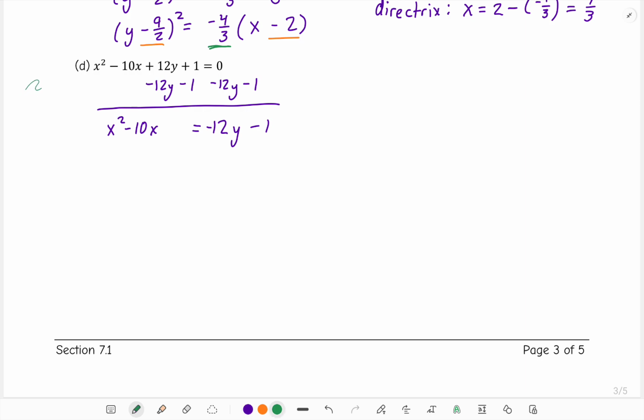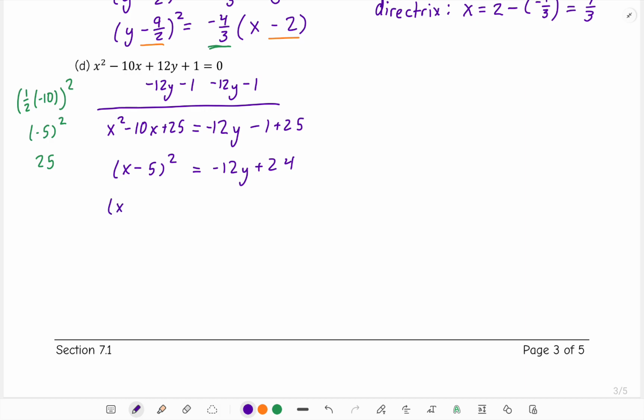So I'm going to go one-half times negative 10 squared, or negative 5 squared, or 25. So adding 25 to both sides, we get x minus 5 squared equals negative 12y plus 24. And then again, the y needs a coefficient of 1, so I'm going to factor out a negative 12. So we get y minus 2.